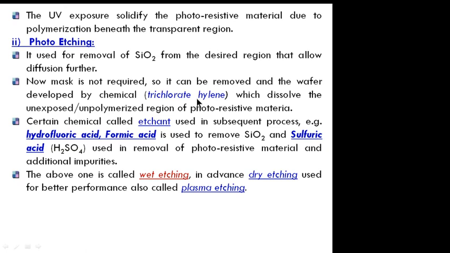Trichloroethylene is one of the best solvents for removal of the extra unsolidified photoresistive material.